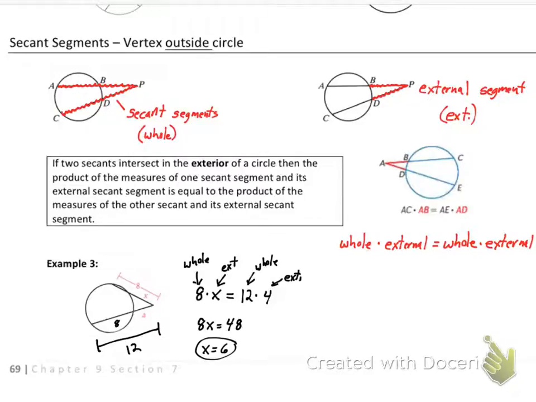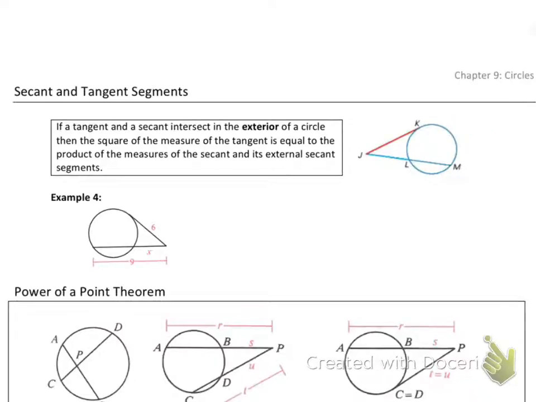Does that make sense? Okay. Before I even read that whole thing to you, we're just going to use what we already know to solve this one. Well, hey, I have a secant line here, right? So if I did whole times external, I would have JM.